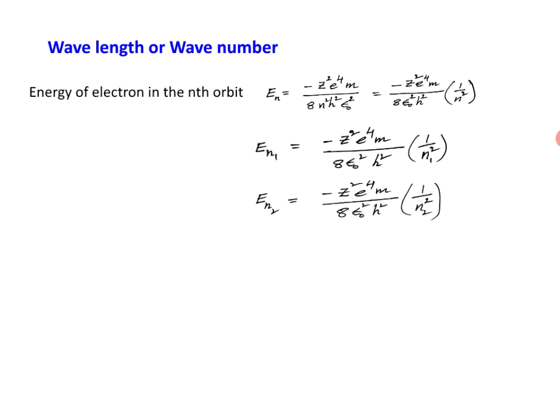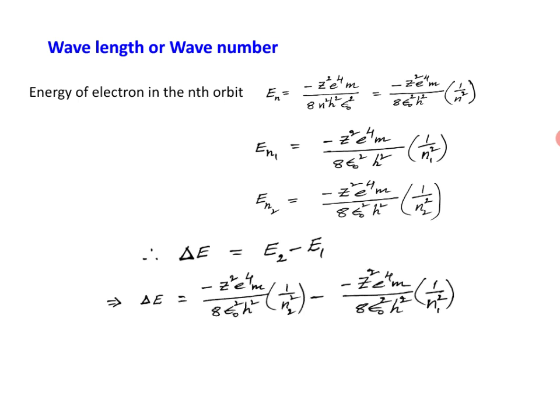So then we can get two expressions. Now the difference in energy is the photon emitted from the atom. For example, n2 is the higher energy state and n1 is the lower energy state. If the electron jumps from the n2 energy state to the n1 energy state, then you will get the difference in energy, that is E2 minus E1, here En2 minus En1.